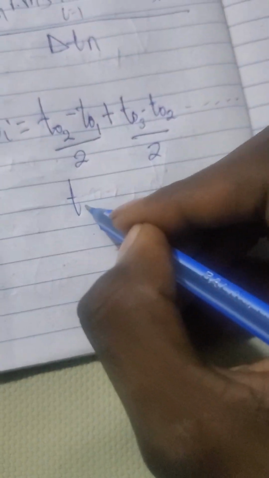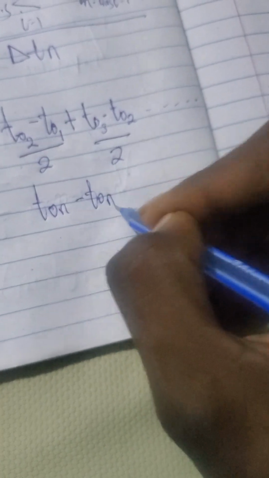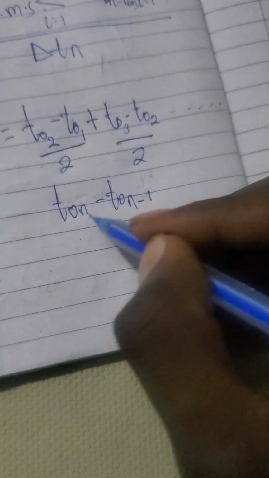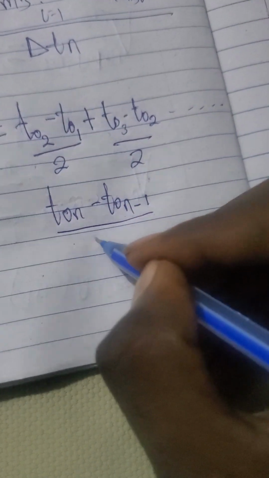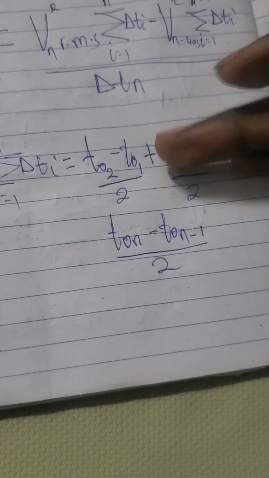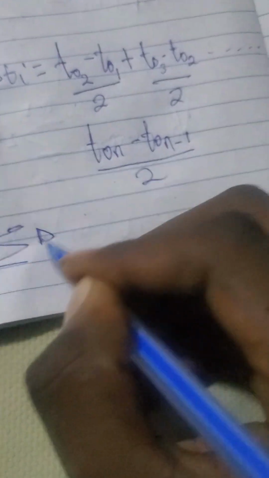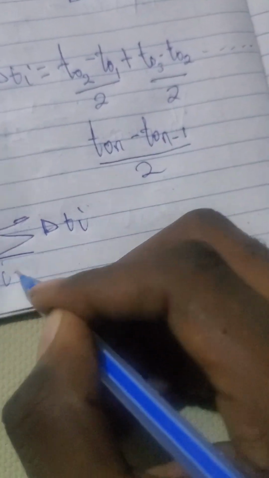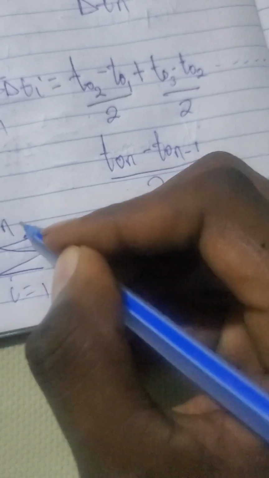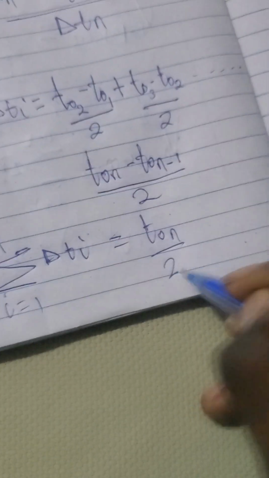The summation continues until the two-way vertical travel time for the nth layer minus the two-way vertical travel time for the layer before it, then over 2. If you open this and sum it, you will finally discover that the summation of the one-way vertical travel time for i equals 1 to n will be the same as t naught n over 2.